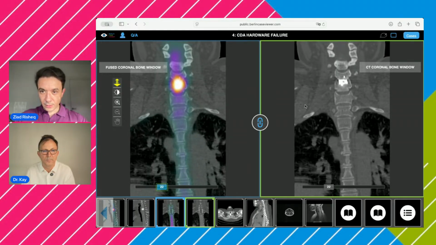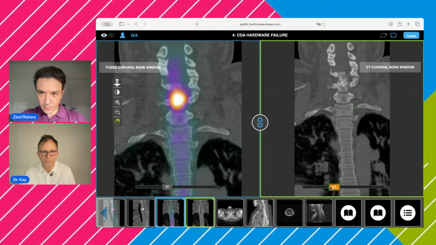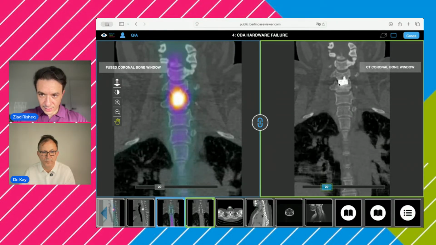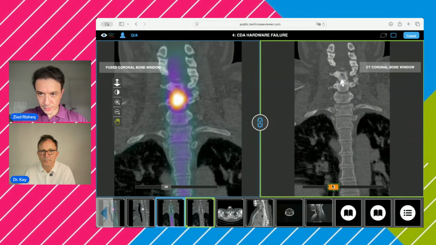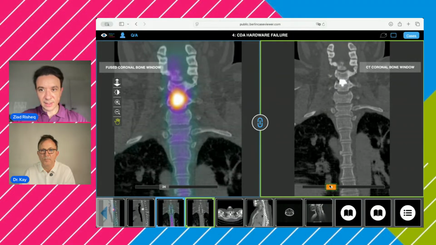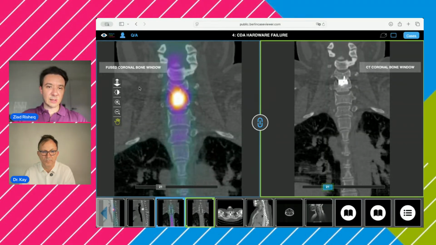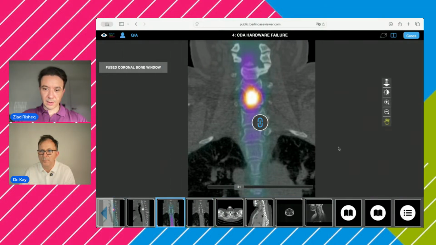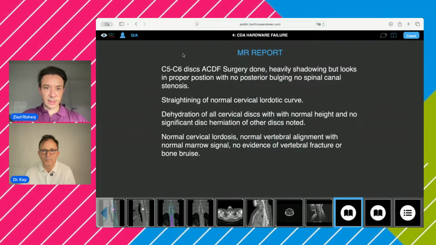Here you can see a bit of osteolysis compared to the contralateral side. The contralateral side is just stress shielding, and it is not showing uptake. And this is definitely pathological uptake. This is not normal uptake, especially after a couple of years of the surgery.